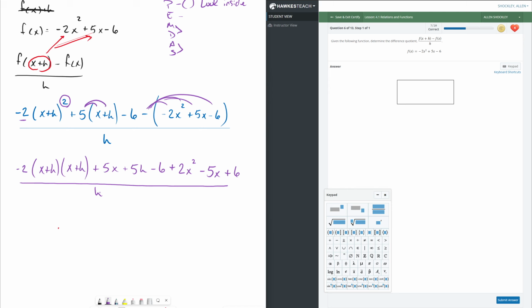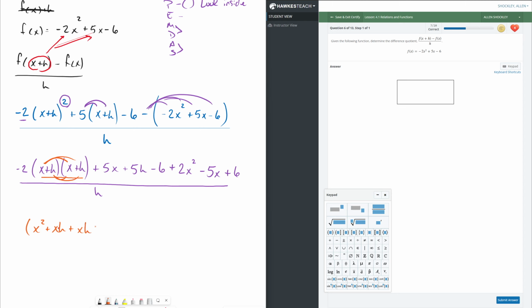Unfortunately, we still have that very beginning that we need to deal with. So let's do it. This part I'm going to do first. So you're going to FOIL. x times x is x squared. x times h is a positive xh. h times x is another positive xh.